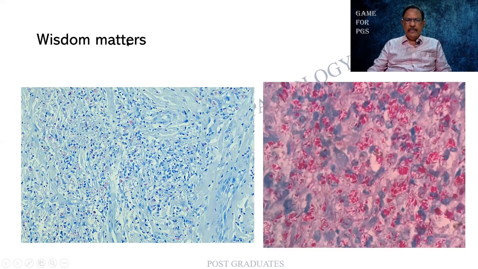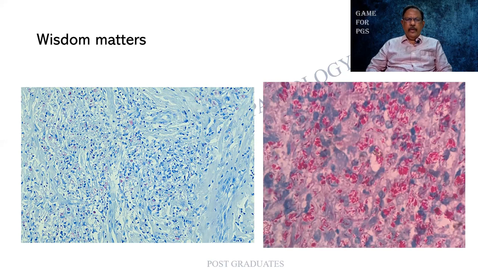Wisdom matters. I would like to recall an experience of ours. There was a lesion around the elbow with a nodular appearance. People were thinking of either a schwannoma or a neurofibroma or a histiocytic lesion. It happened in JIPMER several decades back.